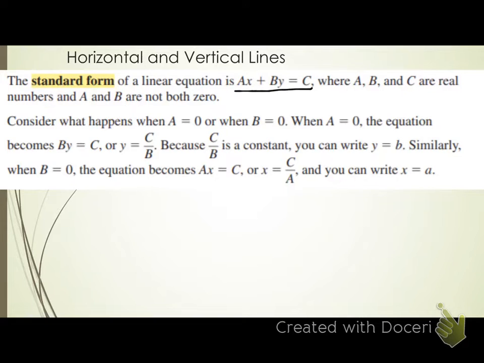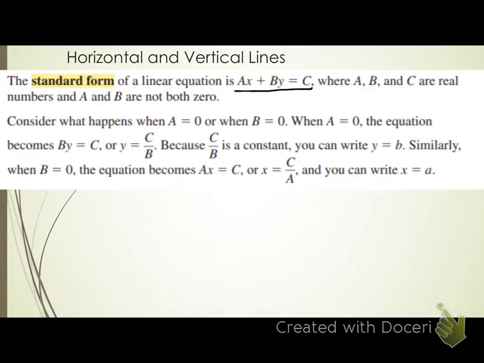Let's consider what happens when a equals 0 or when b equals 0. If I plug in 0 for a here, what's 0 times x? 0. So that term just goes away, and we'd be left with by equals c. Does everyone agree with that? If I solve that for y, I would divide by b on both sides, so I'd be left with y equals c over b.